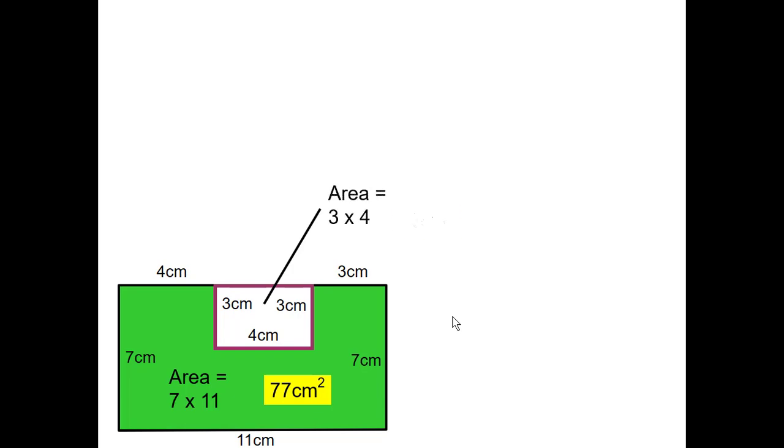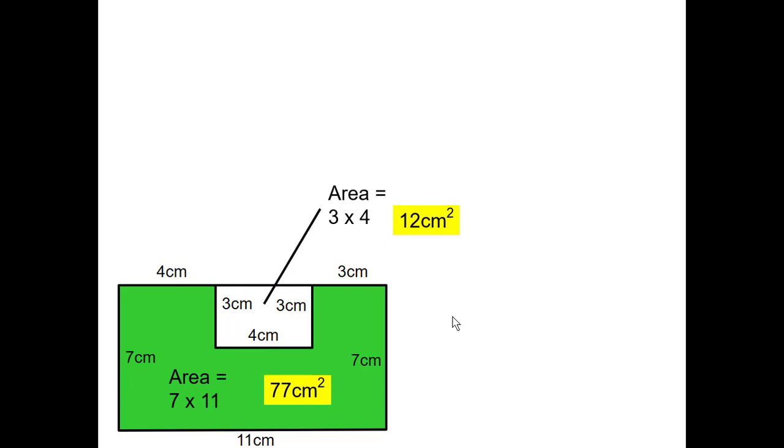So 11 centimeters multiplied by 7 centimeters, and just like you can see over there, you get 77 centimeters squared, but it is not whole. You have to remove that white part because it is not part of the green area that we are finding. So the area of that smaller one, which is inside, will be 3 multiplied by 4, and it is 12 centimeters squared.